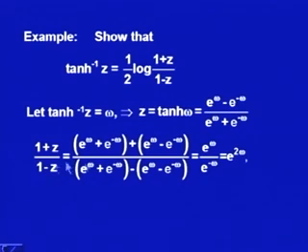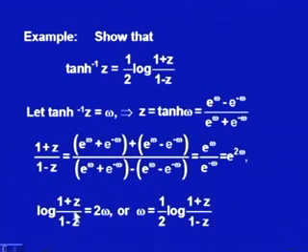Taking log on both the sides, we will get log of (1 plus z) over (1 minus z) is equal to 2w, and simplifying it, w is equal to half of log of (1 plus z) over (1 minus z). So, this is what we have to prove. That is how we apply various operations on tangent hyperbolic functions and log functions.